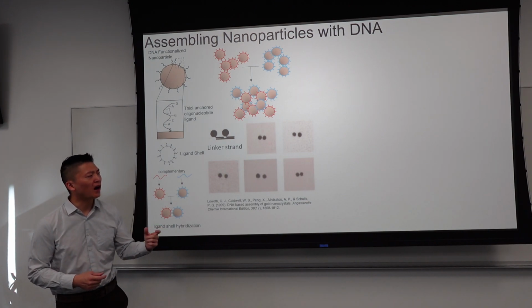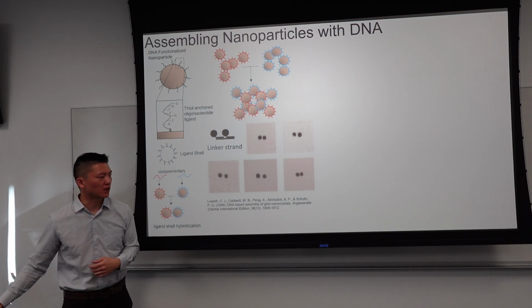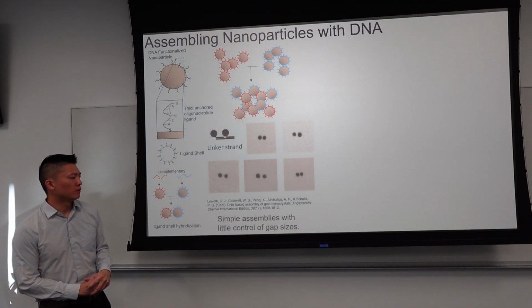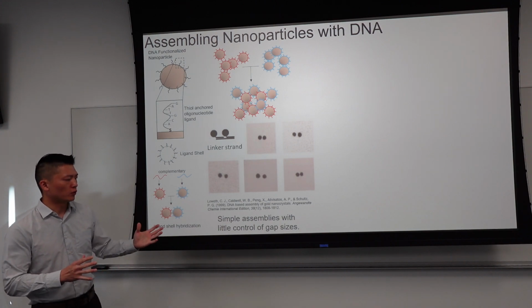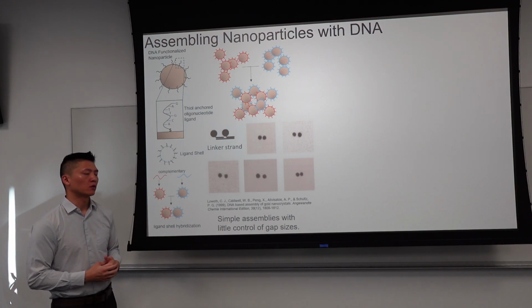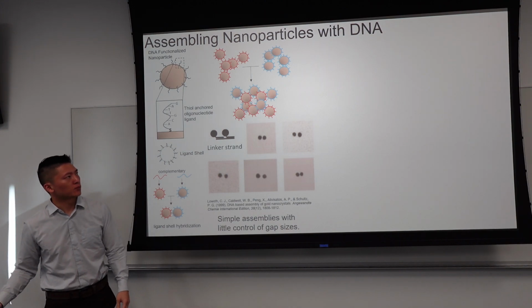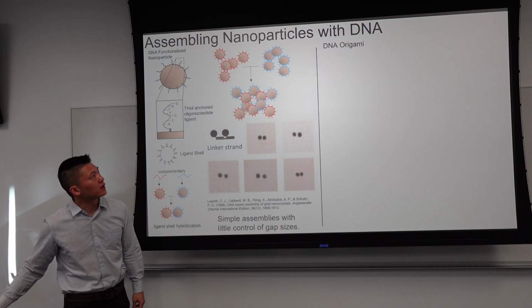Coupling properties are highly dependent on nanoparticle gap sizes. Anyhow, the simple assemblies are too simple. We would like to create more complicated assemblies. And of course, it's difficult to control the gap sizes. So there is a way around this.